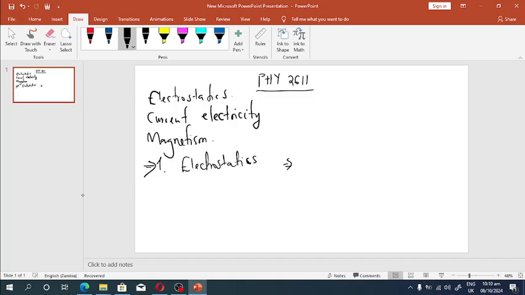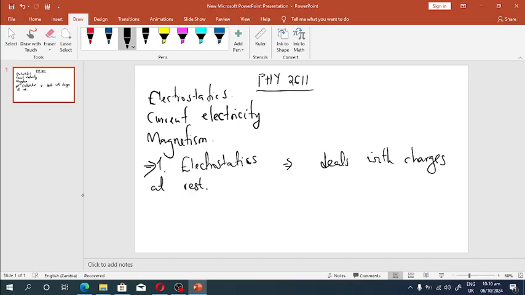So this is a branch of physics that deals with charges at rest, and we need to note that a charge is simply a fundamental quantity of a unit substance.